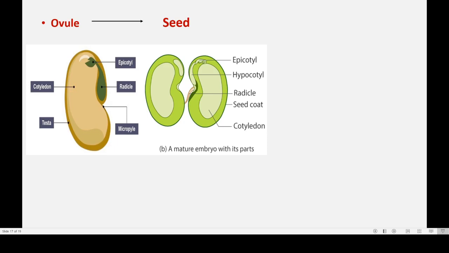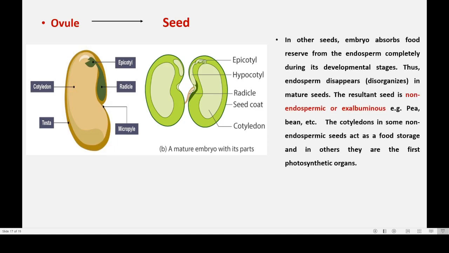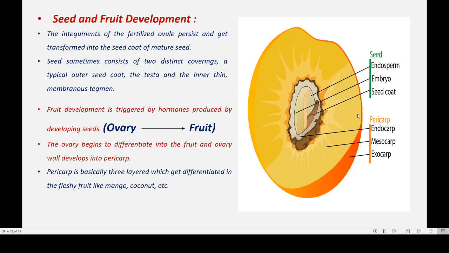Now as all the endosperm has already been utilized, no endosperm is present, and that is why the seed is known as non-endospermic or exalbuminous seed. As an example, you can take all the dicot seeds in this category, like pea and beans. These are the examples of non-endospermic or exalbuminous seeds.